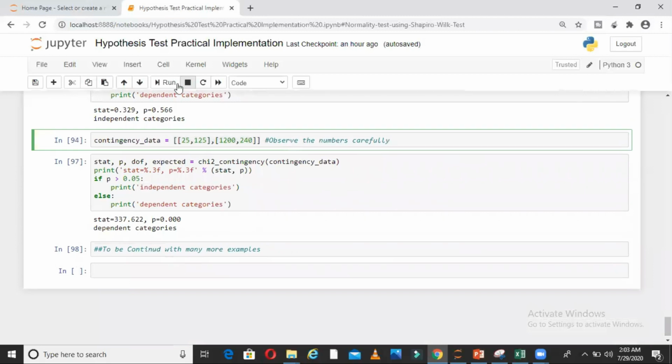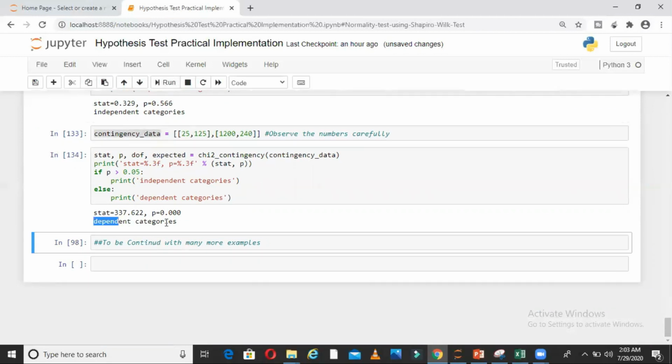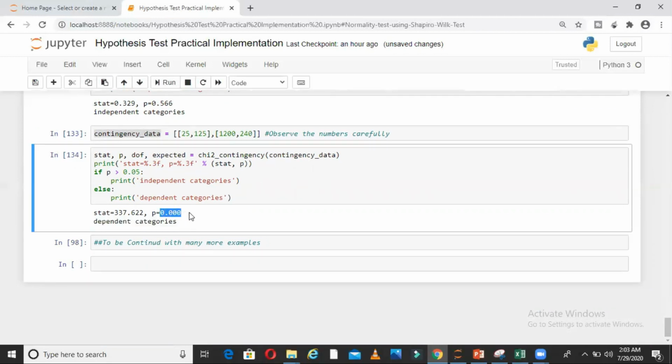If I run my test on this data, the contingency data I have overwritten, you can see it will say dependent categories. The p-value becomes smaller, which means the variables are dependent on each other. No substantial evidence for the null hypothesis. So this is about the chi-square test to understand independence or dependence between two categorical features.